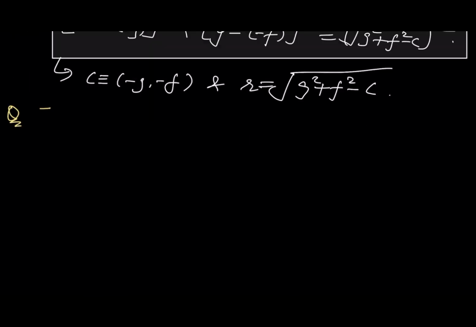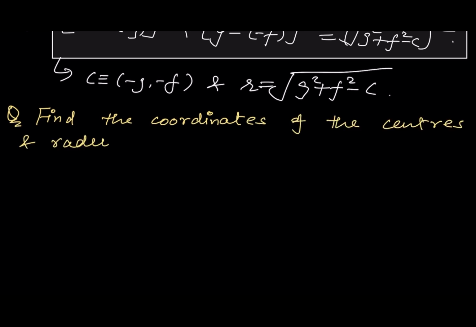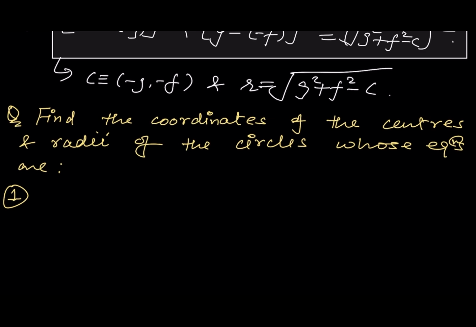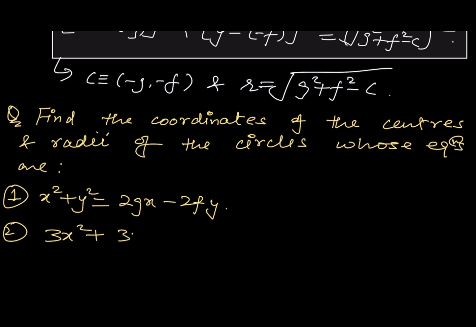Question: find the coordinates of the centers and radii of the circles. Those equations are: first, x square plus y square equal to 2gx minus 2fy. Second, 3x square plus 3y square minus 5x minus 6y plus 4 is equal to 0.